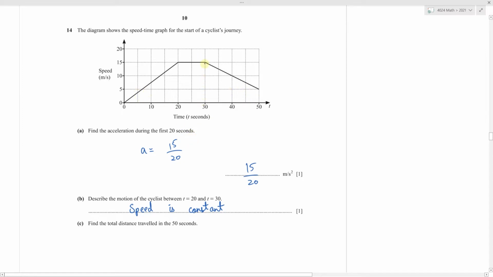So I can divide this into two parts. This is my first part and this is my second part. Both of them are trapeziums. So I can calculate the area of this trapezium and this trapezium separately and then add them together to find the total area under the graph, which will give me the distance.